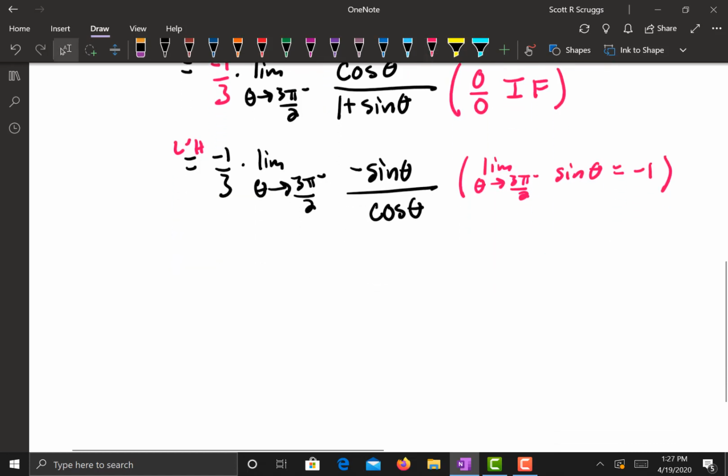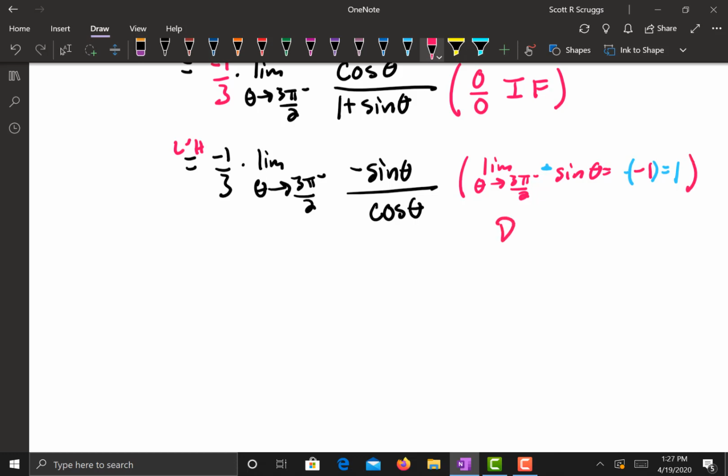So now I can take a limit. So let's go ahead and take those limits. For that numerator, if I include that negative sign up front, I'll get that the limit is a +1.